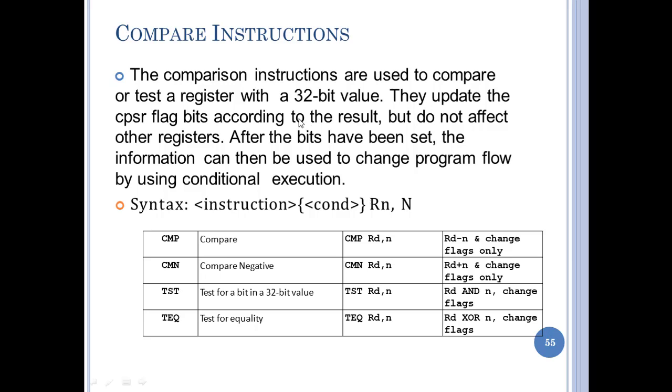They update the flag bits only, but don't affect the source register. After the flag bits have been set, the information can be used to change the program flow by using conditional execution.